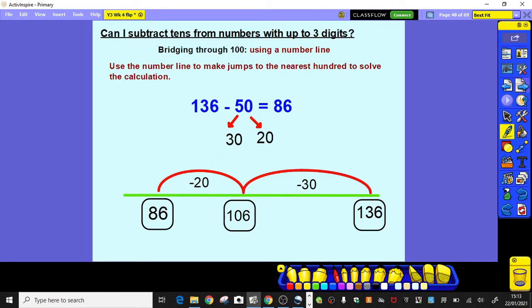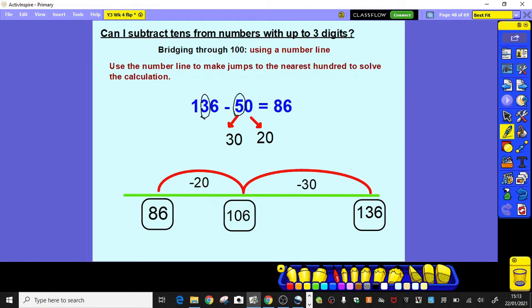So let's have a look at this one. Same again, with partitioning, we've got 136, and I've got to take away 50, so 5 tens there.